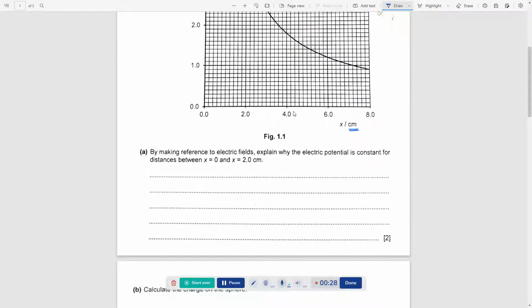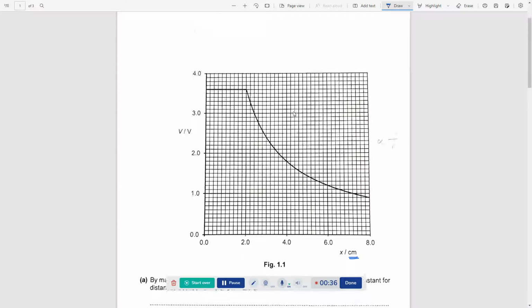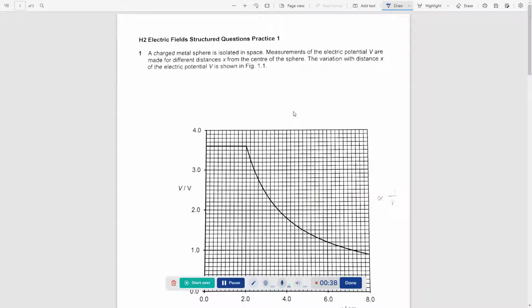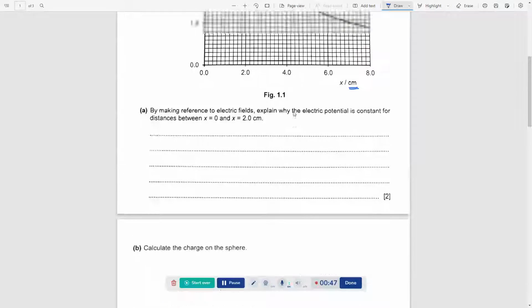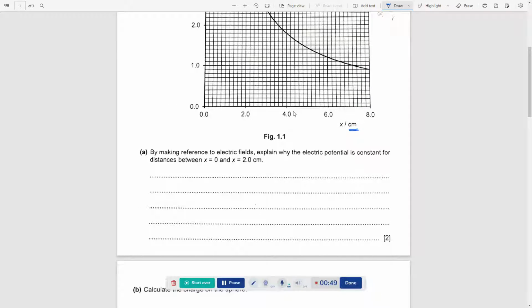By making reference to the electric field, explain why the electric potential is constant for distances between x equals 0 to 2. So this is within the sphere, which is a conductor because it's a metal sphere. Within a sphere, the E field is going to be 0, and potential is therefore going to be constant, and that is what the question is asking.